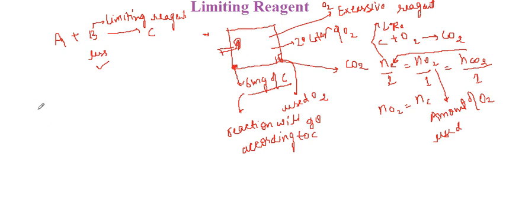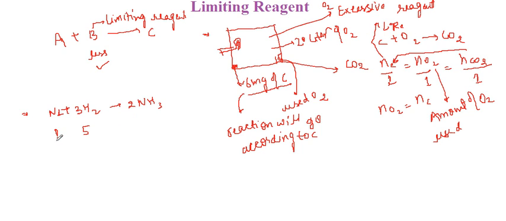Now let's take another example, N2 plus 3H2 gives 2NH3. If we have 1 mole of N2 and 5 moles of H2, how many moles of ammonia will form?